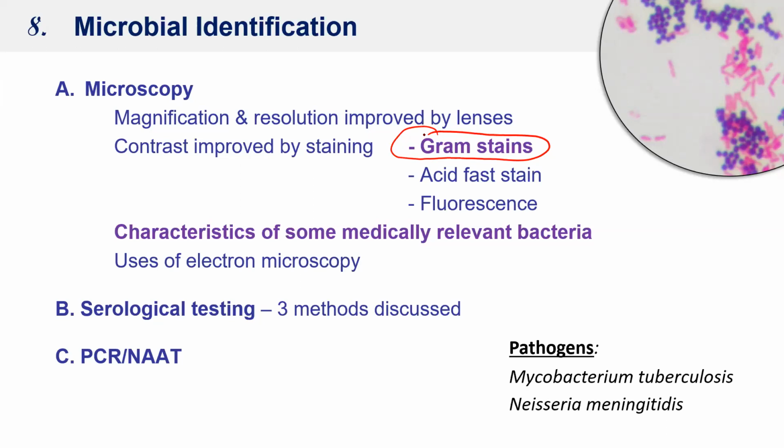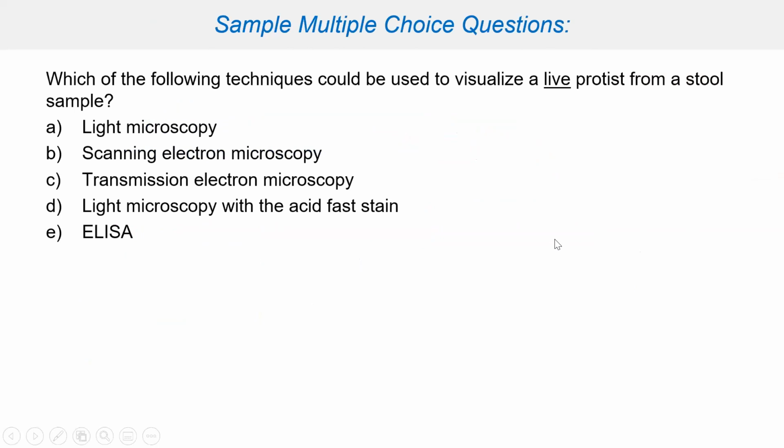And so this topic actually covered a whole bunch of bacteria, some that were kind of tagged as special in here were the Mycobacterium tuberculosis, which is of course associated with the acid-fast test. And Neisseria meningitis was part of the case study, which is why I put it down here on the list.